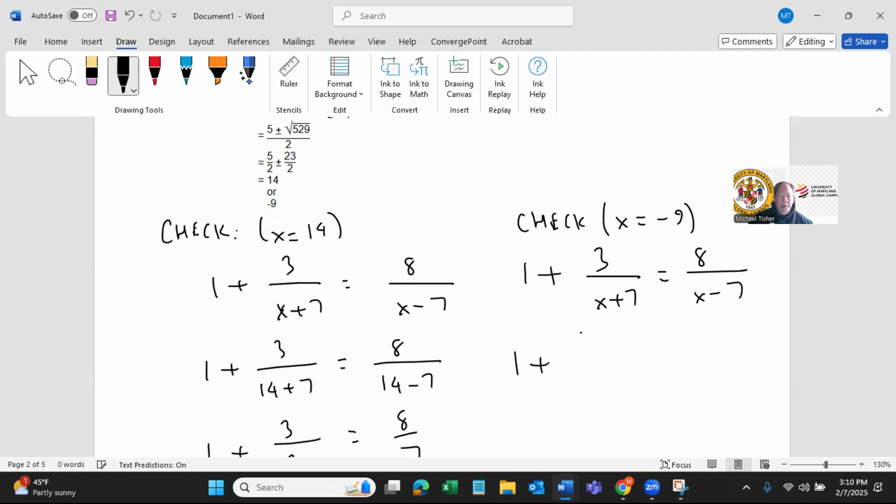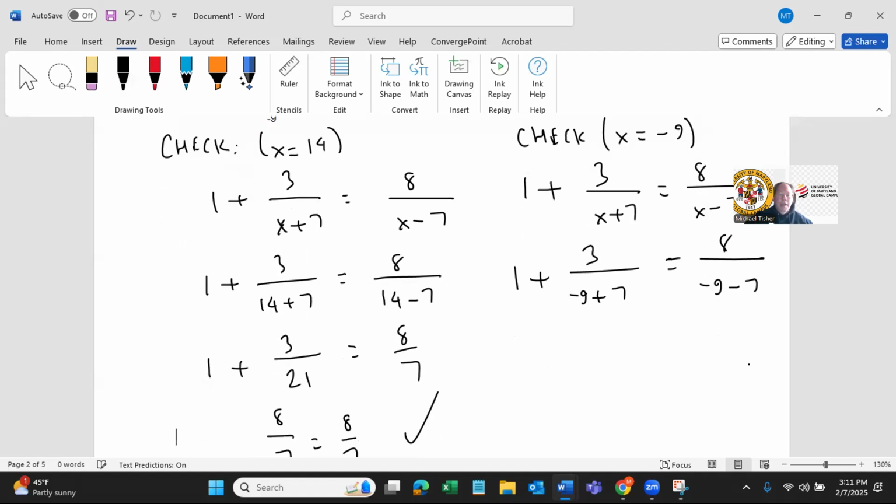So 1 plus 3 over -9 plus 7 equals 8 over -9 minus 7. All right, now we'll do some math. 1 plus 3 over -9 plus 7 is -2 equals 8 over -9 minus 7 is -16. So now we hope that 1 plus 3 over -2 is going to be 8 over -16. Let's find out.